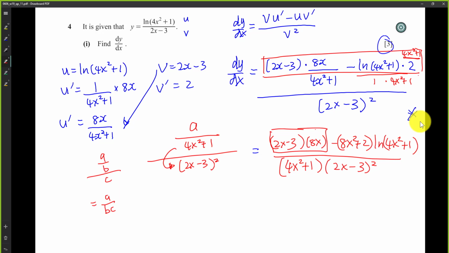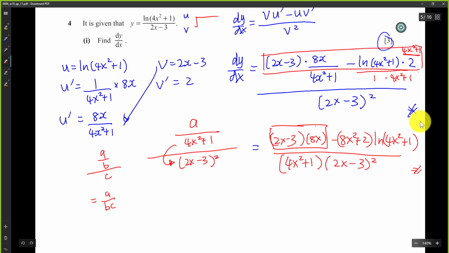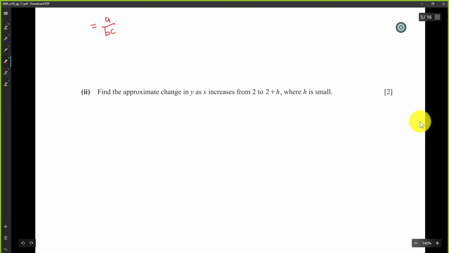So I guess this one will be my final answer if I want to simplify. Normally you will be asked to simplify when your equation has the square root term. Yeah, they love to ask you to simplify the square root term. But over here, you can leave your final answer like this. It should be fine for 3 marks.